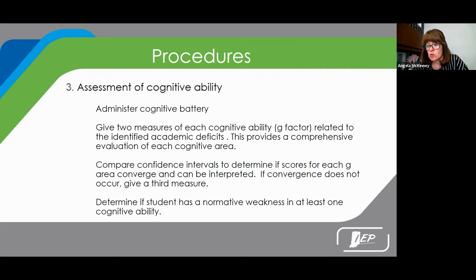Sometimes our tests don't. Sometimes we have tests that only give really one subtest in a particular area and are not adequately measuring each of those broad G abilities. So that's where we might have to supplement from another battery.